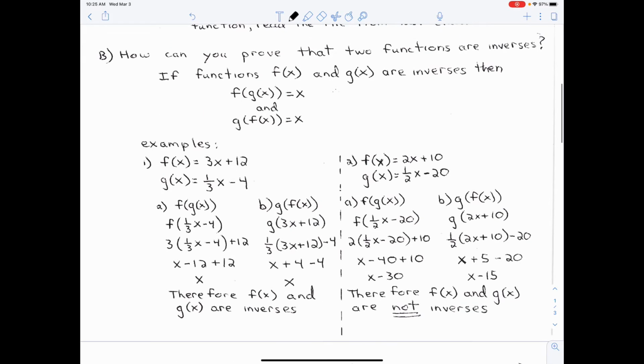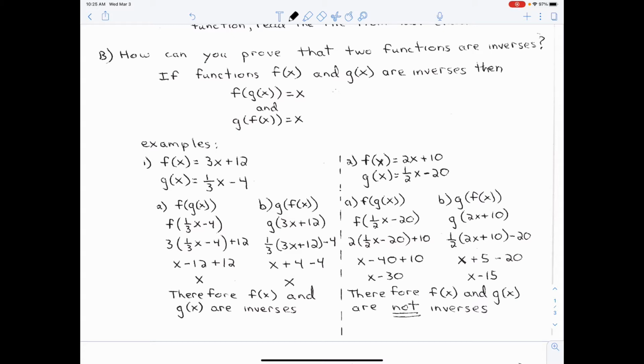How do you prove that two functions are inverses? Well, one function should undo the other function. That's what an inverse function does. And if one function does not undo the other function, then they're not inverses. So let's take a look.